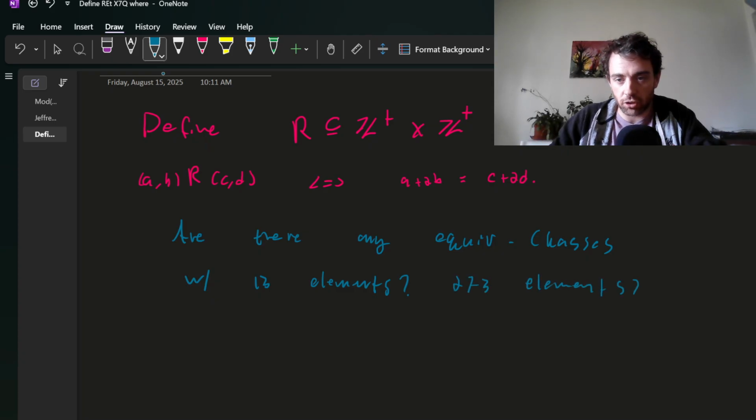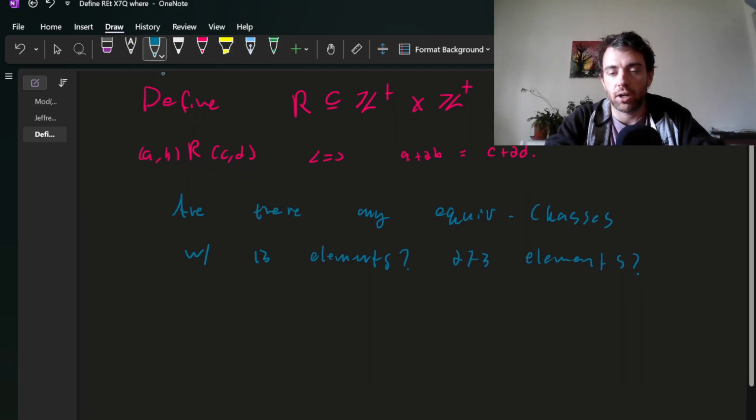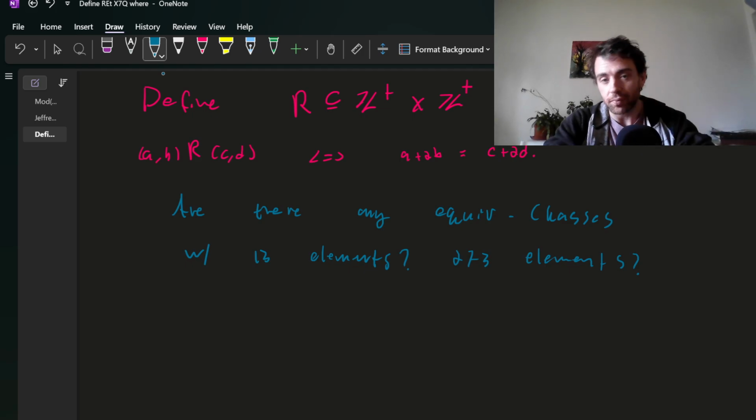So what we're going to talk about is how to provide a rigorous proof. We're going to solve a much more general thing because 273 elements is a really tough one to check by hand. So we're going to try and prove a general formula for the number of elements in an equivalence class for this relation.